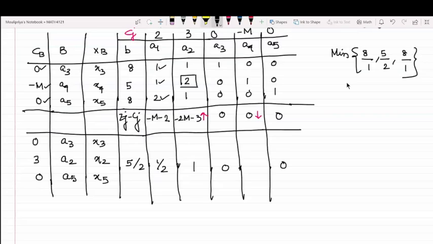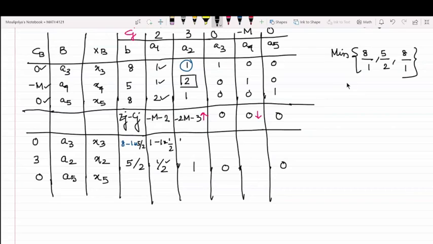The elements would be multiplied by 1 in this case. So it was initially 8 minus 1 into 5 by 2. It was initially 1 minus 1 into what we got, that is half.